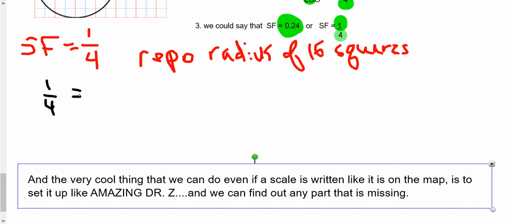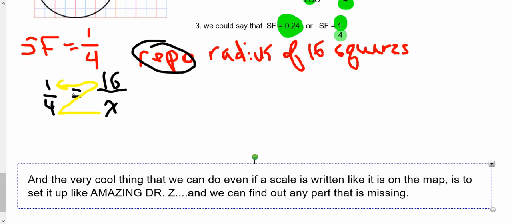The length on the diagram, our repo, is 16, over Lu, our original. We'll just call that X. If scale factor is a fraction, we just write it like a fraction and then set up Lod over Lu. And what do we do next, kids? That's right. Zip, zip, zip.